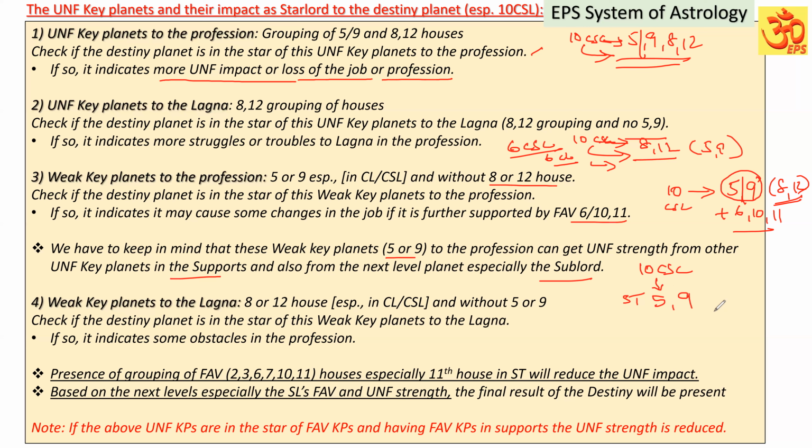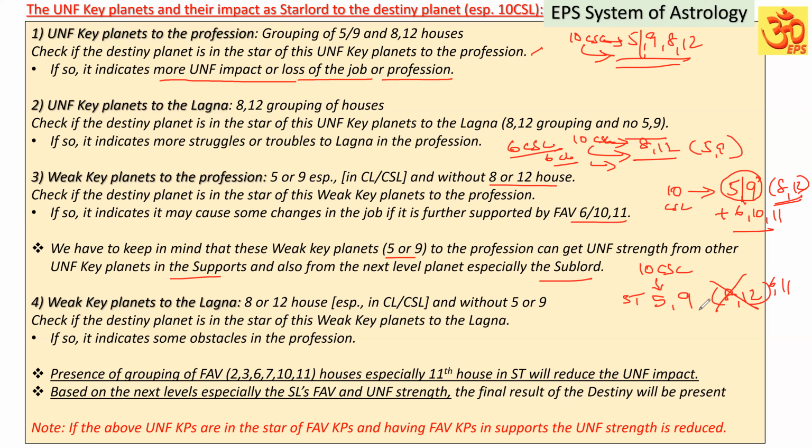It is not detrimental, because 5 and 9 are not good for the 10th cuspal sublord and 10th house matters, but in the absence of 8 and 12, it is not bad. We already discussed, right? It is weak. But with the presence of the 11th house, 6th house and 10th house, it is going to be favorable for the changes that I already discussed.